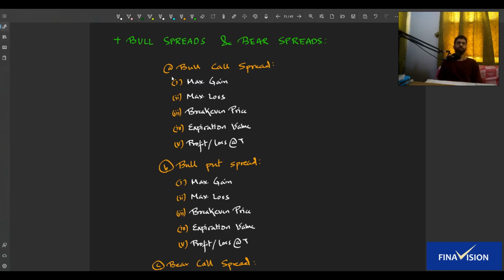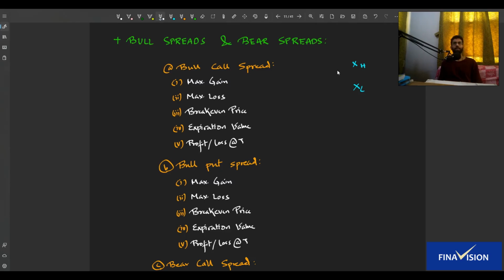So the first strategy is a bull call spread. Now what is a bull call spread? A bull call spread is basically a strategy where you buy low and you sell high, which means you buy the lower strike price call and you sell the higher strike price call.